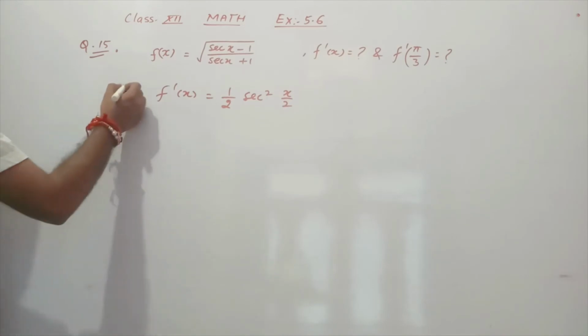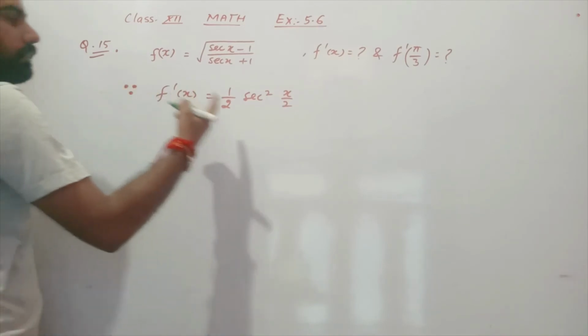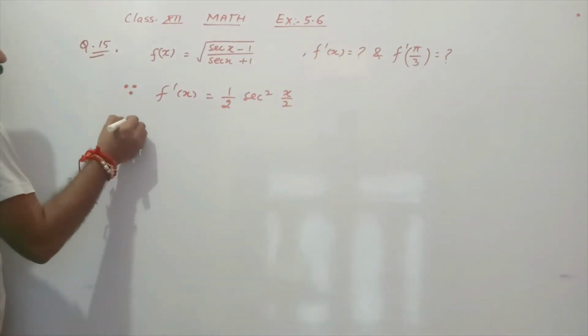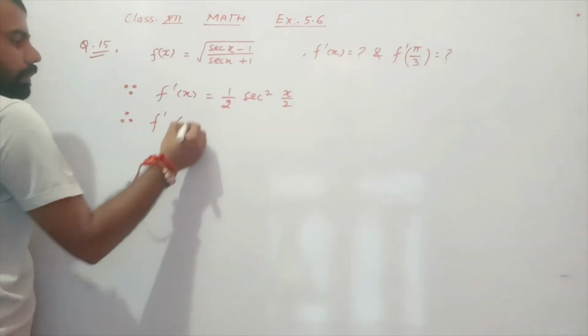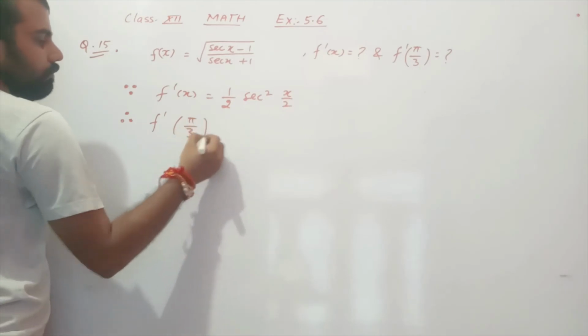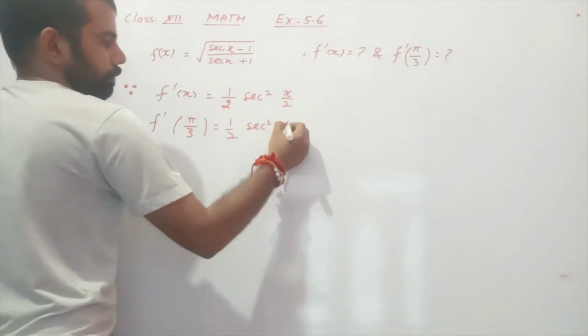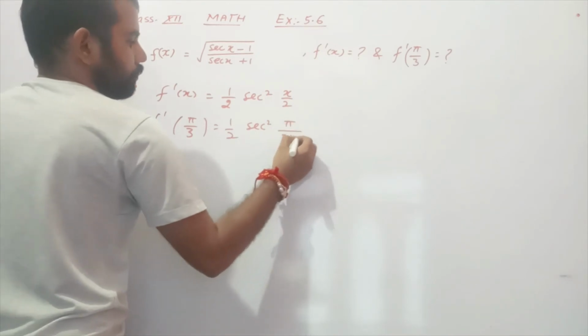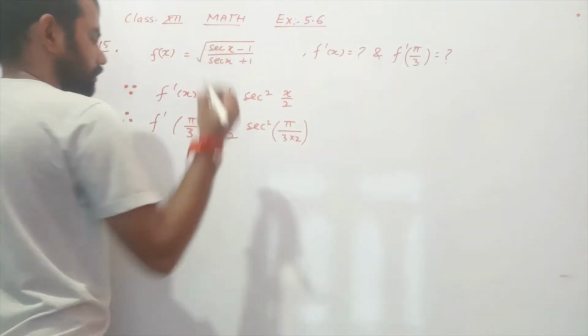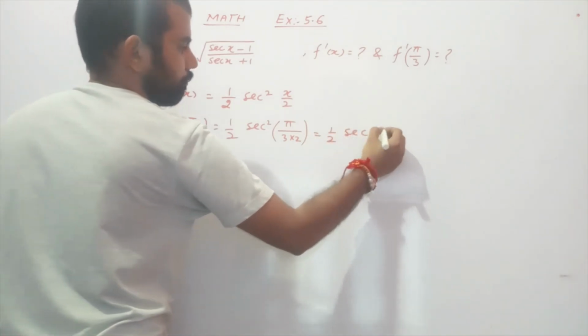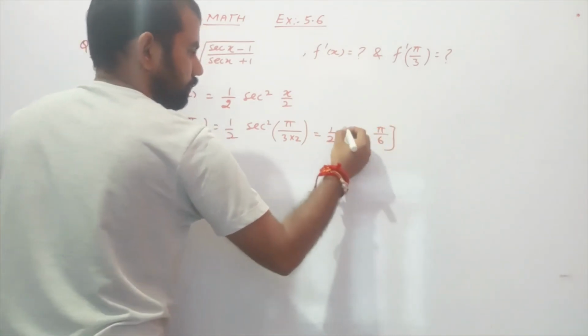Now for the second part, since f dash x is equal to 1 by 2 sec square x by 2, f dash pi by 3 will be 1 upon 2 sec square pi by 3 into 2, means 1 upon 2 sec pi by 6 whole square.